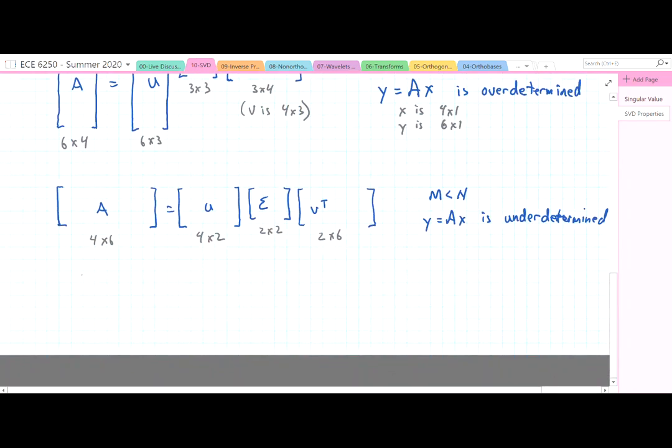And finally, let's say we had a full rank square A. In that case, we would have a square U, square sigma, square V transpose, and m is equal to n, and if it's also equal to R, it's full rank.